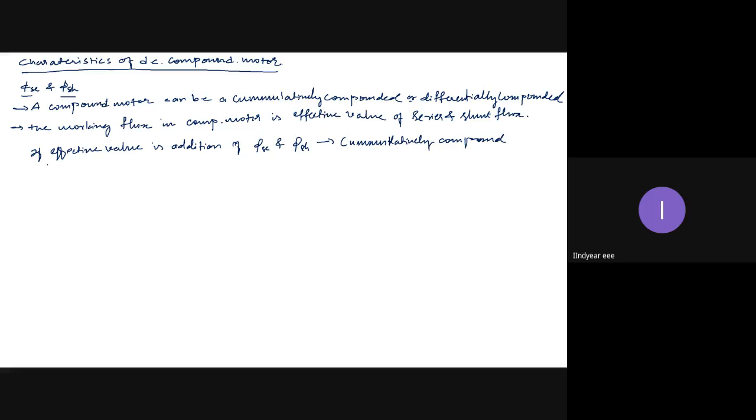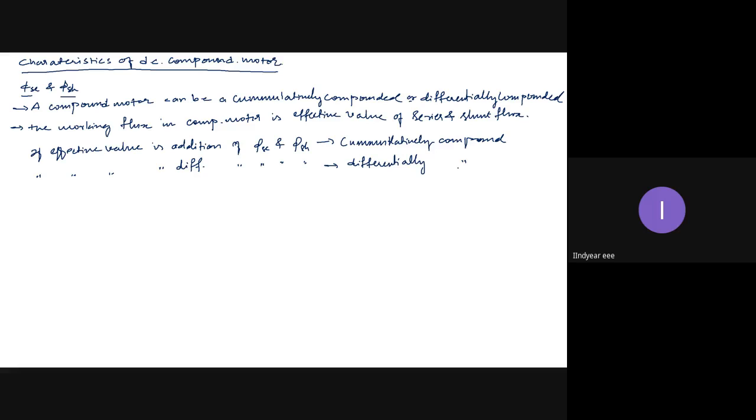Now, if the effective value is the difference of phi SE and phi SH, it is differentially compound. That is, if series and shunt flux aid each other, that is cumulatively compound. If they oppose each other, that is differentially compound. Okay.